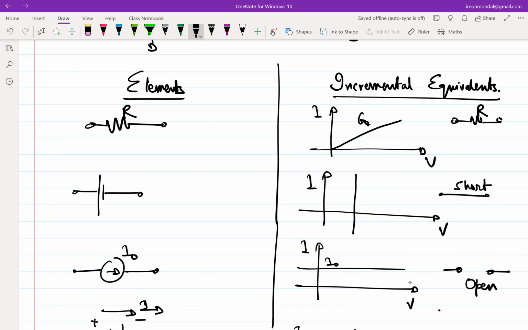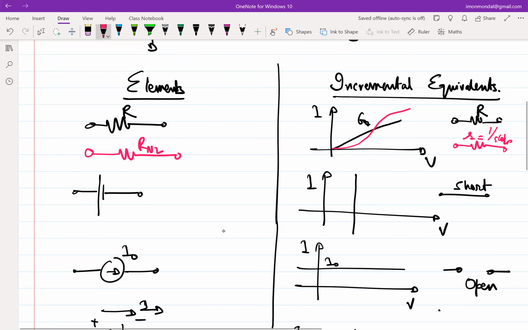So if in case I had a nonlinear resistor, the IV characteristics would have been something like this, maybe. In that case, I would have had to replace this nonlinear resistor with its incremental equivalent, which is equal to 1 over slope, and depends upon wherever you are taking the slope.